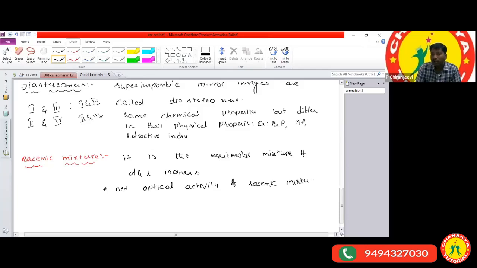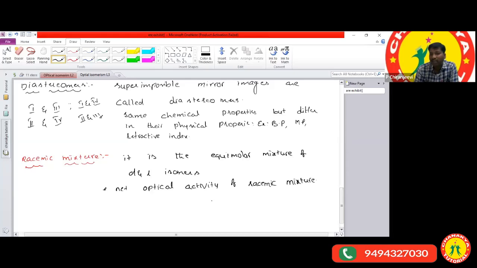Sir, what about the net optical activity of the racemic mixture? It is high, low, zero, none of the above. Net optical activity of the racemic mixture is equal to: greater value, lower value, 0, or none of them. What is the correct answer?